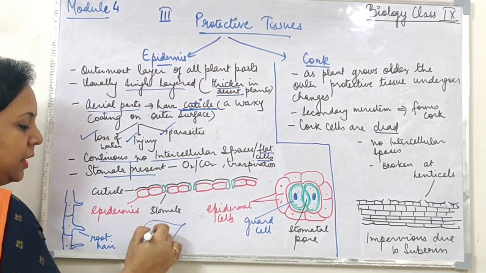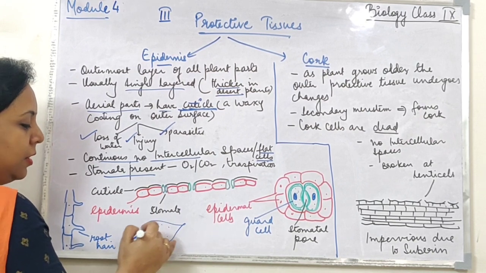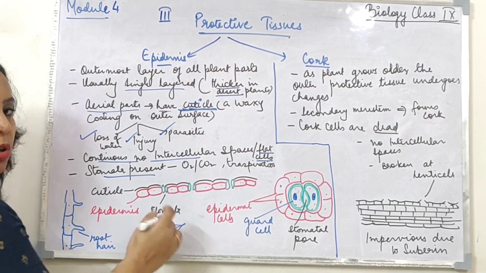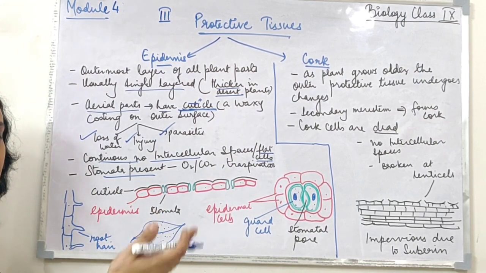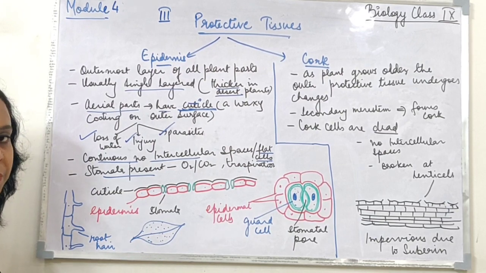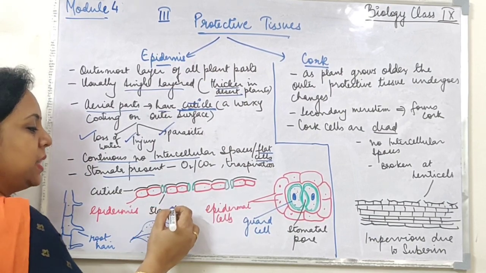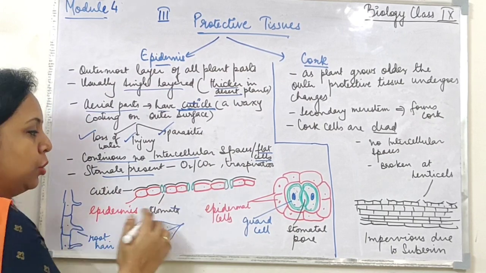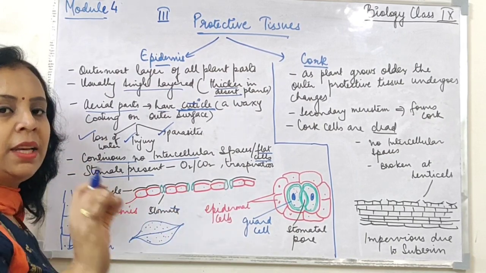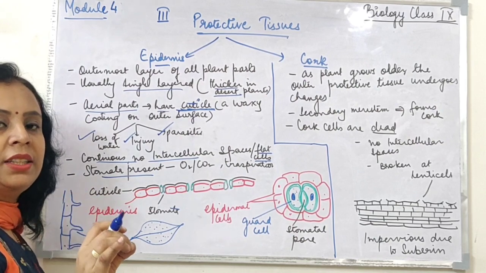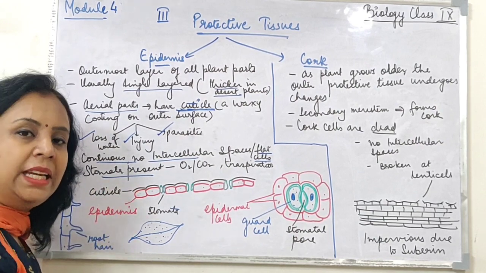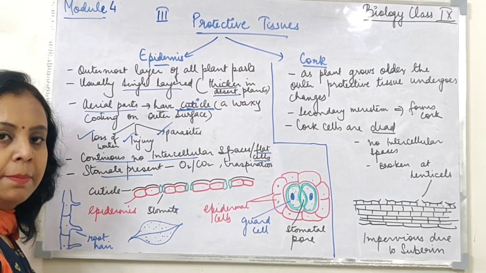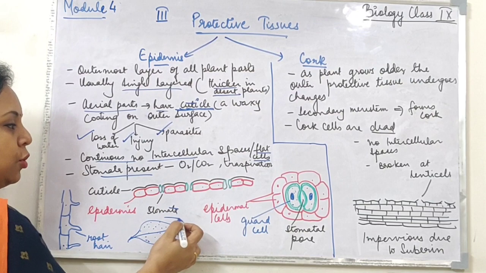The leaf is going to have such small pores throughout, on the upper as well as lower side, but on the lower side they are more numerous. So these pores are known as stomata. The stomata are fine pores which are present in the epidermis of the leaf as well as soft herbaceous stem.